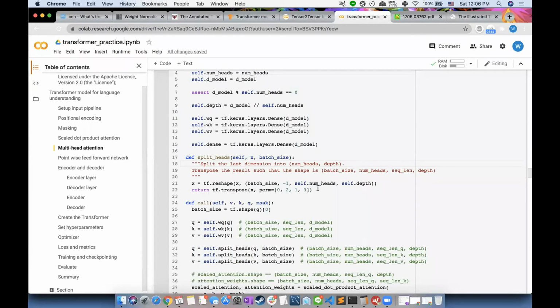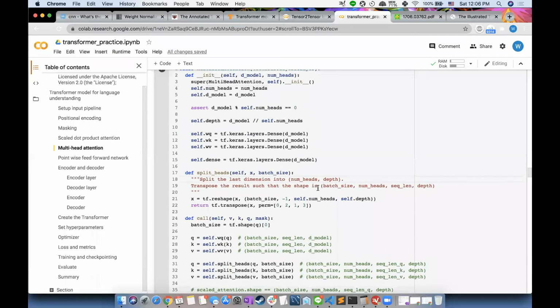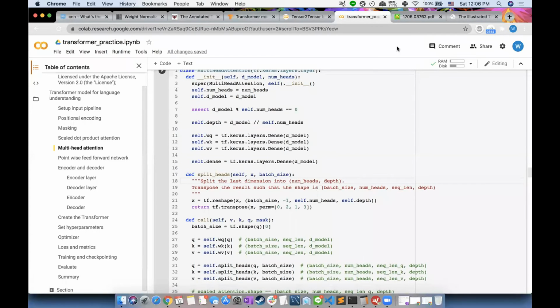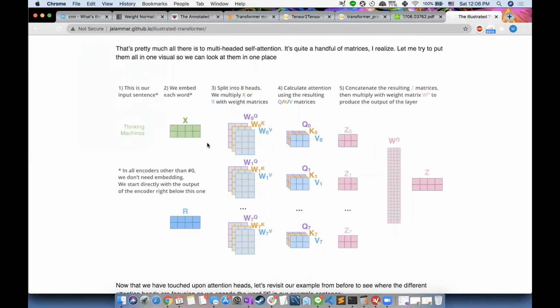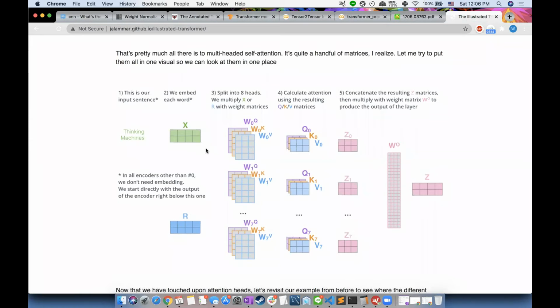Did you say again, why do you think X needs to be split? I'm just thinking about, does the shape actually make sense when it comes to matrix multiplication? Yeah, so X is just the one word, the embedding for the first word, isn't that correct?